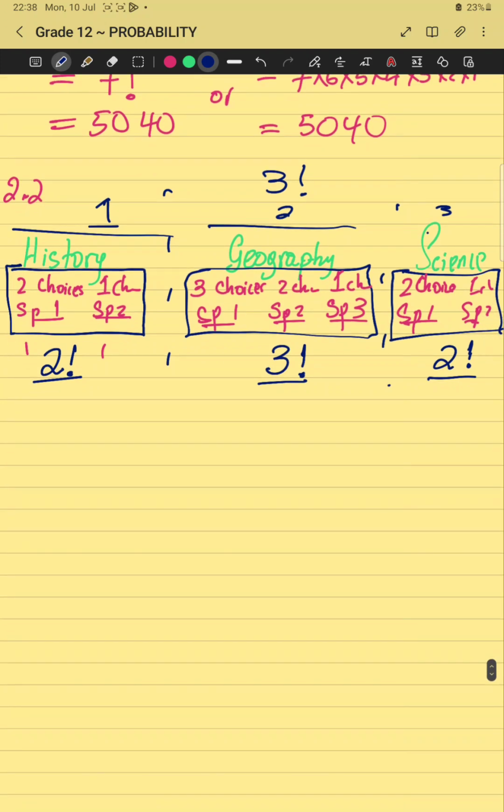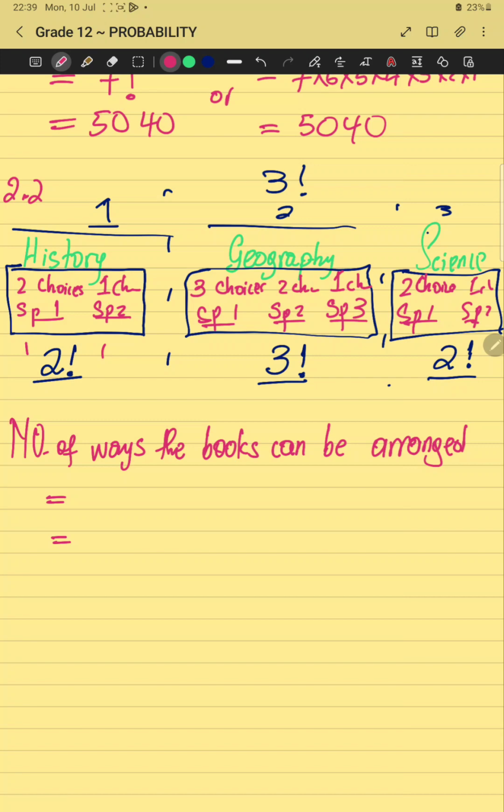Now let me formulate and conclude. Remember, it's going to be 2 factorial for history books, times 3 factorial for geography, times 2 factorial for science, and then times 3 factorial for the shelves, because if we count the number of shelves, there are 3 spaces there.